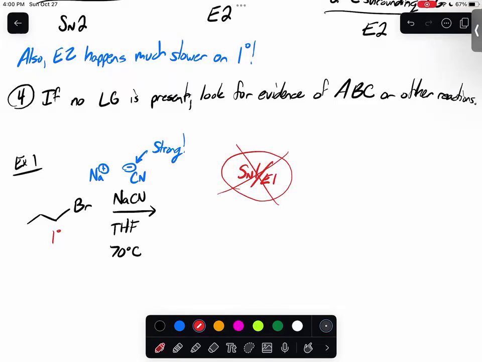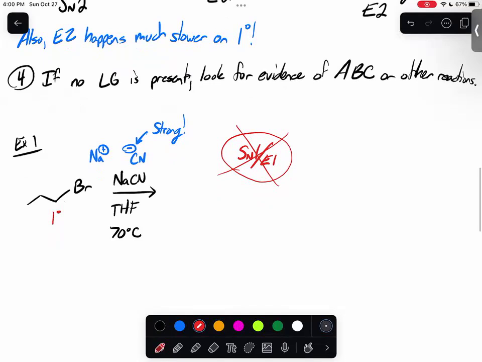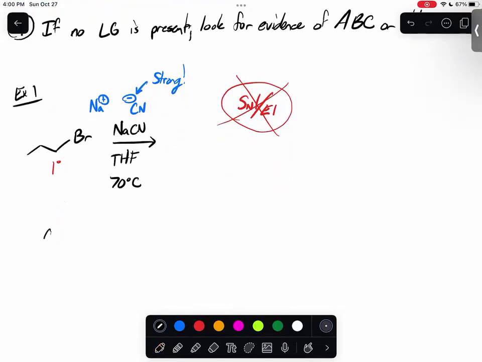Now, looking at these other pieces, we have to determine, is it SN2 or is it E2? Well, looking at our nucleophile slash base, it is CN minus. Now, if this was our base, then the conjugate acid would be HCN. HCN has a pKa equal to 10.